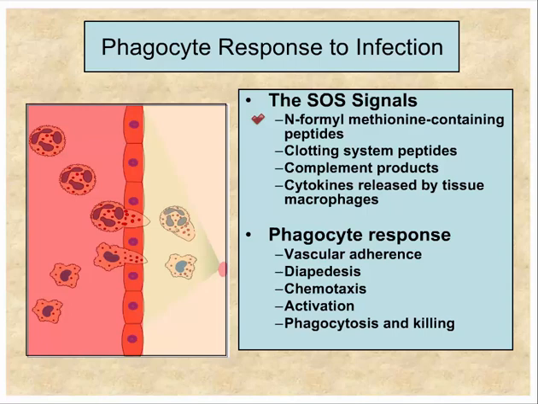Now when they make that protein, very often they clip off a part of the N-terminal end of that protein. And so they release these N-formyl methionine-containing peptides. And so these cells have a receptor for those peptides. And when that receptor encounters that ligand, that is a signal that there has been an infection. There's a bacterial infection going on because N-formyl methionine peptides are being released.